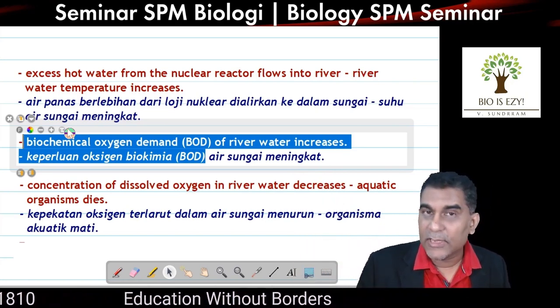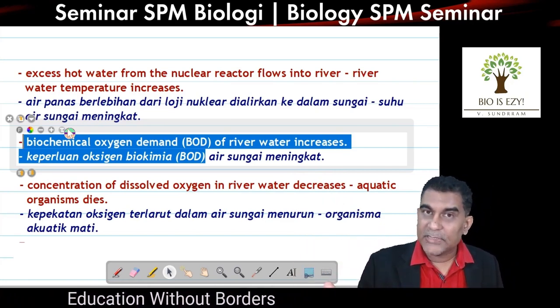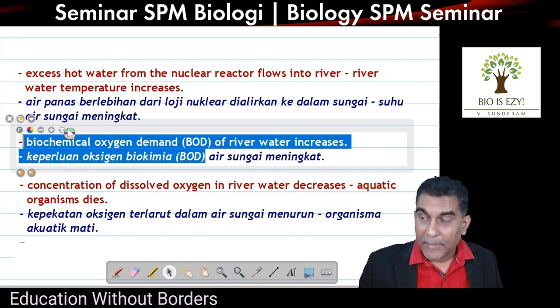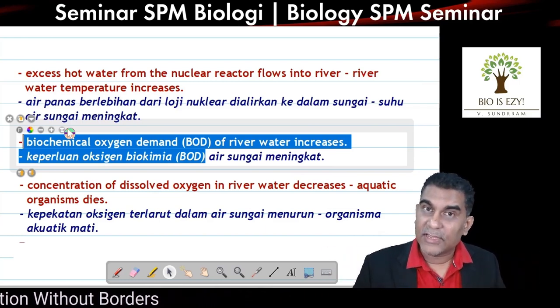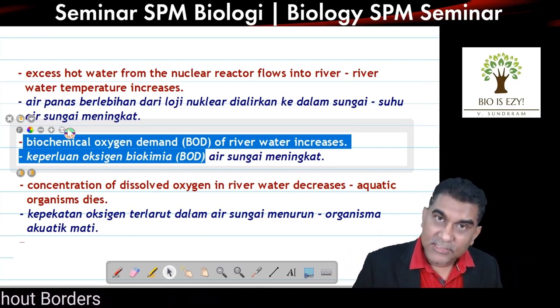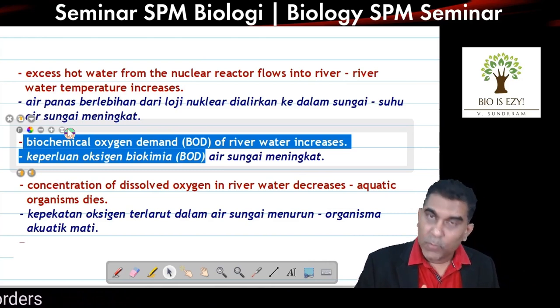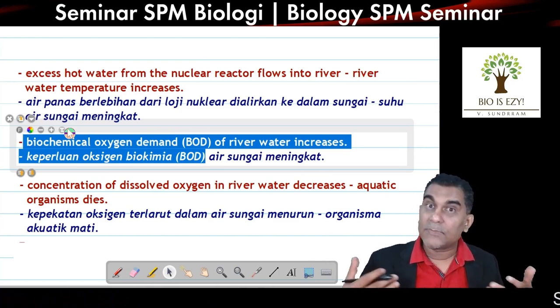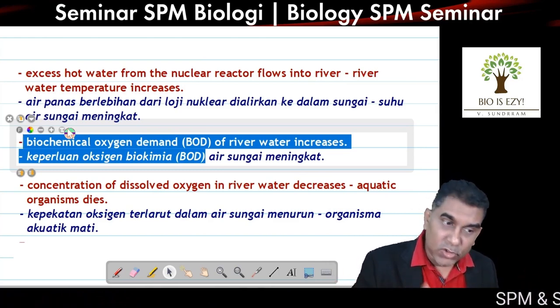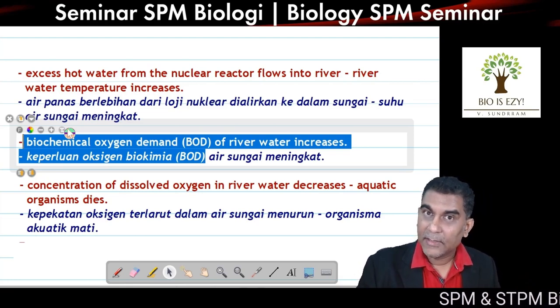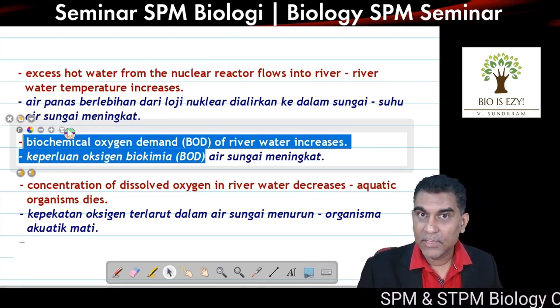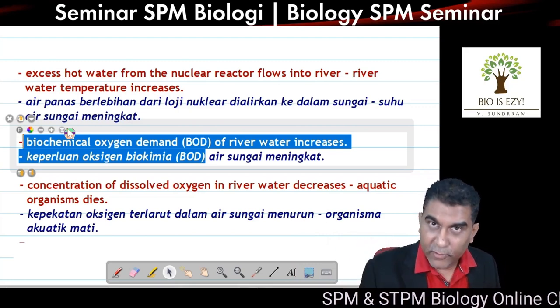The other answer you can use is when the temperature increase, metabolism of living organism, aquatic living organism increase. Kalau suhu meningkat, kadar metabolisme badan organisma yang hidup dalam air juga meningkat. Another answer you can use. I'm not using that as the answer, but I'm informing you.